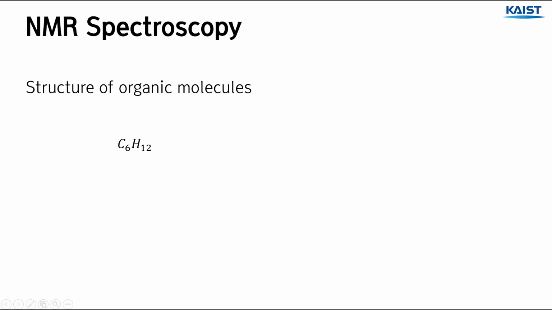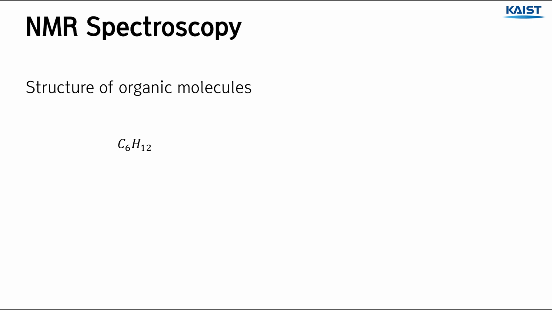How can we apply these principles? Here is the application. If we synthesize a molecule, we should identify it. We can find out the chemical formula of our sample using mass spectrometer technique. Let's say it is C6H12.